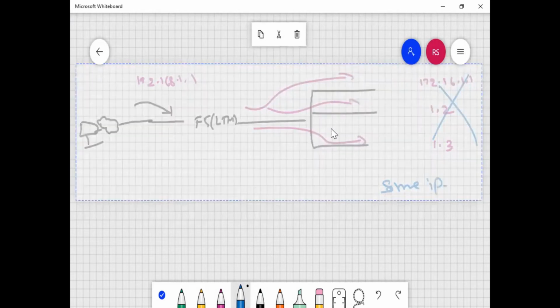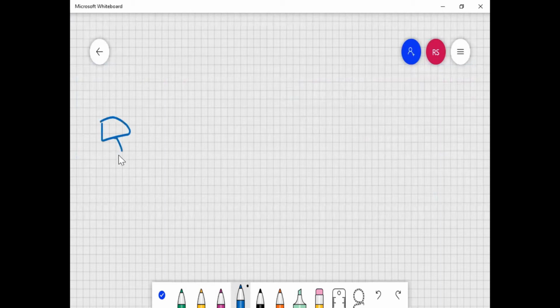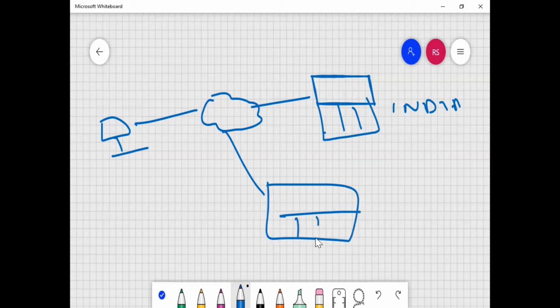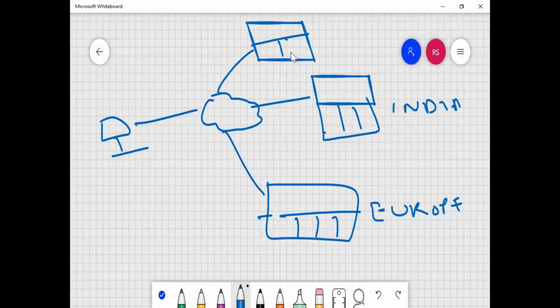Sometimes people say that if the user is connected through the VPN of India only, he will go to the server which is residing in India. If he is connecting to Europe, he goes to the server sitting in Europe. If he is connecting to the US, maybe the NALA region or America region, he goes to that region, and all of these servers can have the same IP address.